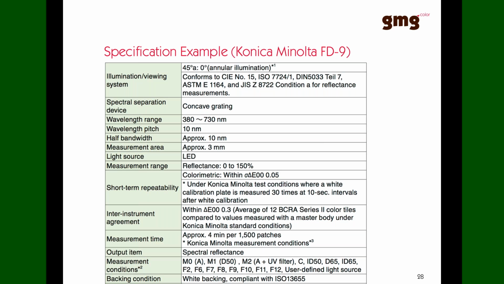It's where you measure one sample using the same measurement device over and over again. So with this device, you have a repeatability within delta E of 0.05, so very good repeatability, also because of the angular illumination and other factors.